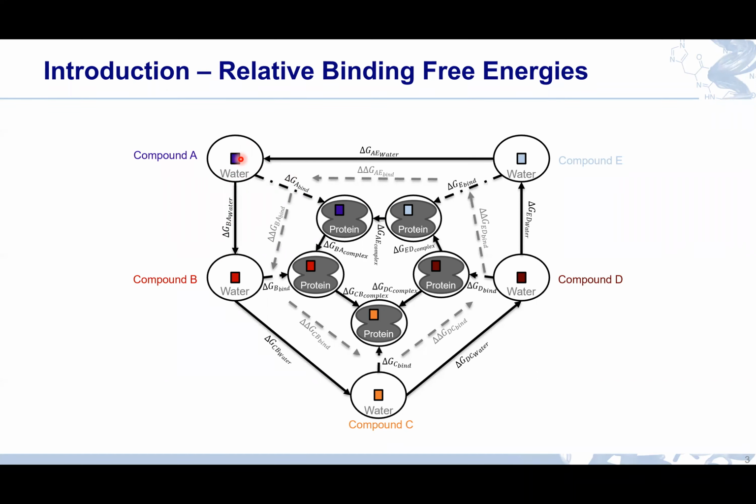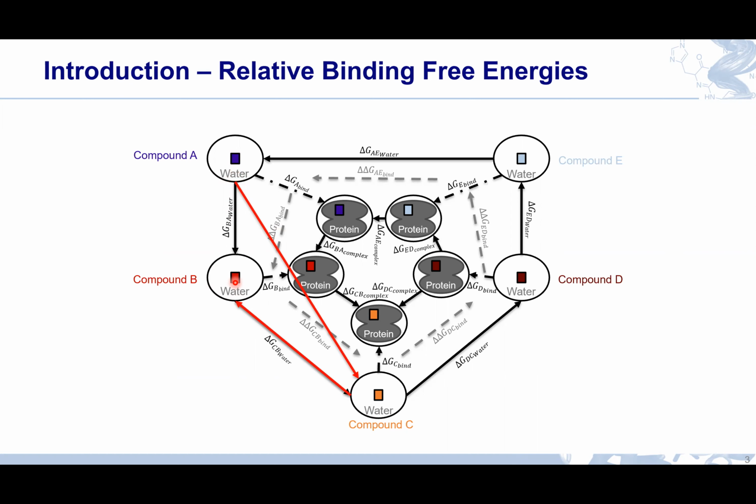But what happens if compound A and compound B lead to a transition that is not easy to facilitate because there might be a sampling barrier or something like that? What happens if a path via compound C to compound B would be more beneficial to the whole approach? This is something you cannot always see beforehand.